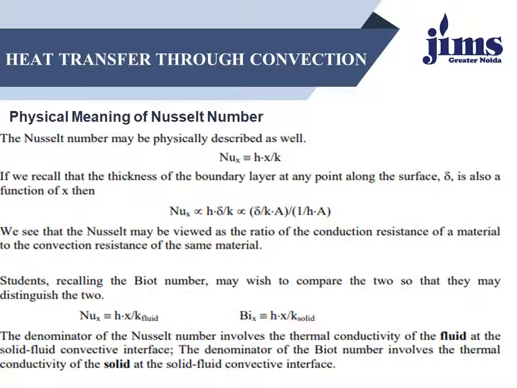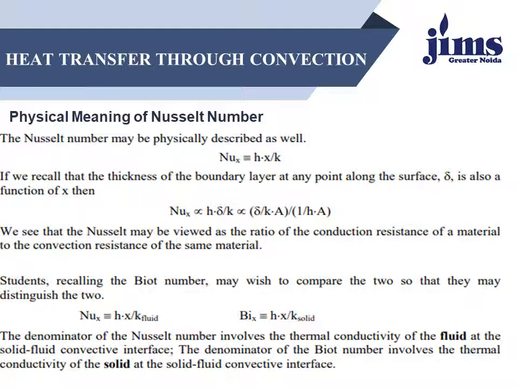But in case of free convection, the Nusselt number is a function of Rayleigh number and the Grashof number. So these two numbers are very important in case of forced convection.